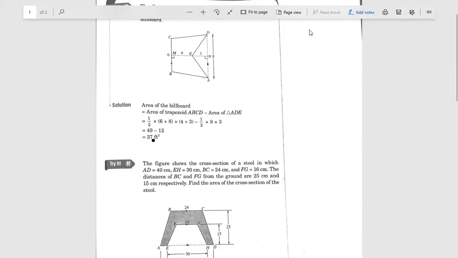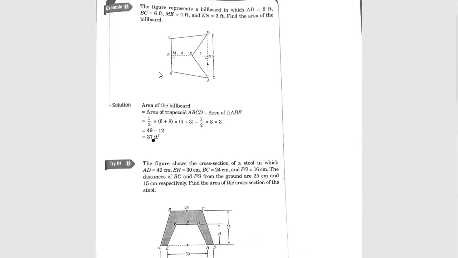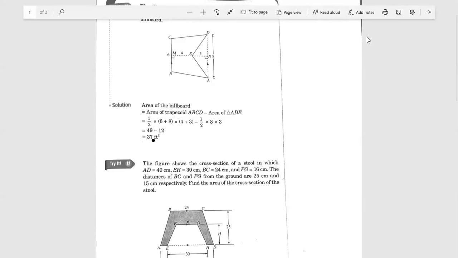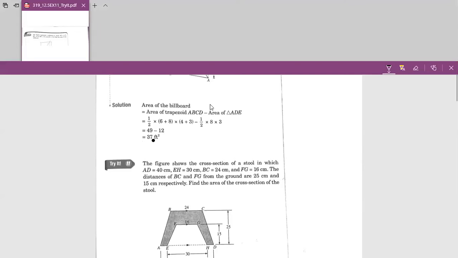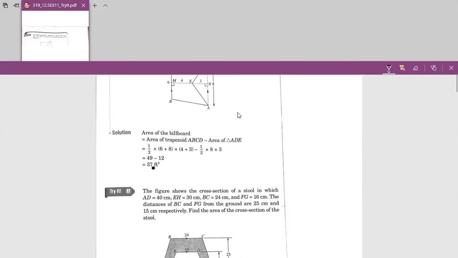So the area of the trapezoid is the top plus the bottom. Hold on a second, I can't see my screen right now. Okay, so it's the top BC, 6, plus the bottom AD, 8.